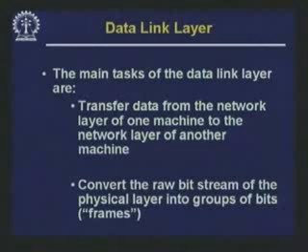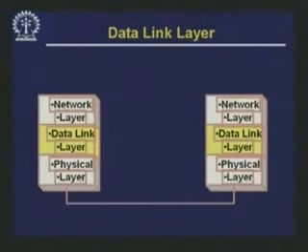The data link layer gives a service to the network layer, which is the transfer of data from one network layer to another. In its turn, it uses the physical layer, converting the raw bit stream of the physical layer into groups of bits, or frames.